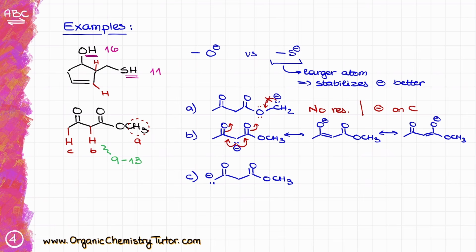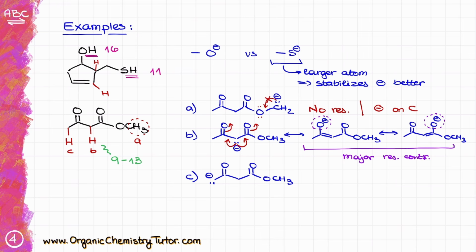So now, like in one of the cases that I've had before, I do have two resonance contributors, and those are two major resonance contributors, which is a good indication for the stabilization of the negative charge. And on top of that, oxygen in those contributors is bearing my negative charge, so that is also an extra stabilization factor.